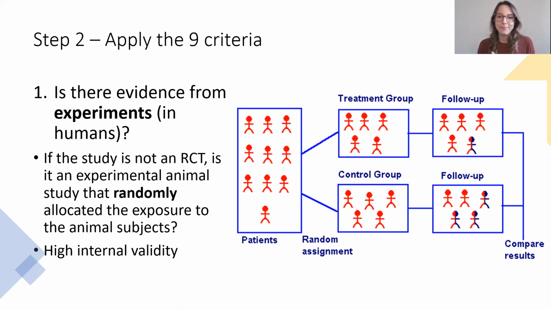It wasn't any other variable because you've randomly assigned them. You've controlled for those other types of potential variables by doing that random assignment. So that is what makes the experimental design so strong. And that's why it's really the best type of study design if you're thinking about it from the perspective of being able to distinguish whether it's a causal relationship. So because of that, we say that these types of designs have really, really high internal validity, right? Because the methodological rigor is just so strong with any sort of experimental random design.